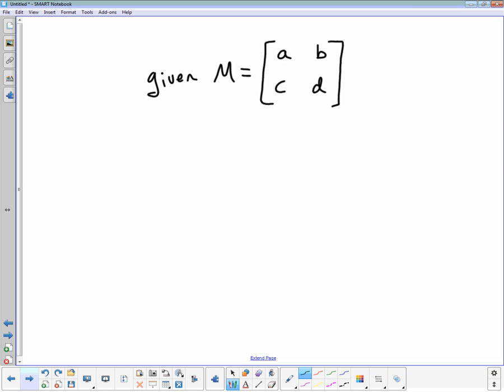Matrices can represent a lot of stuff. And one of the things that matrices can represent are motion along the x-axis and the y-axis. They can move things in two-dimensional space. We need to first determine what this is. A determinant.